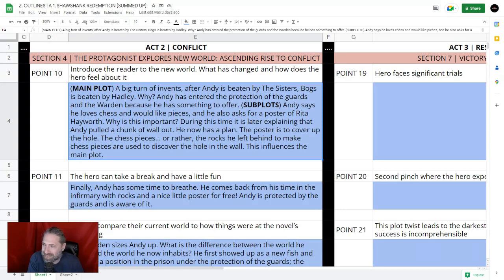The new world is that Andy came in as an unknown and he was under the tyranny of the warden and the system. But now that Andy has something to offer, a value set of knowledge of how the money system works, how banks work, etc., he did right by the guard and helped him keep, I think, $30,000 that was inherited to him, things like that.